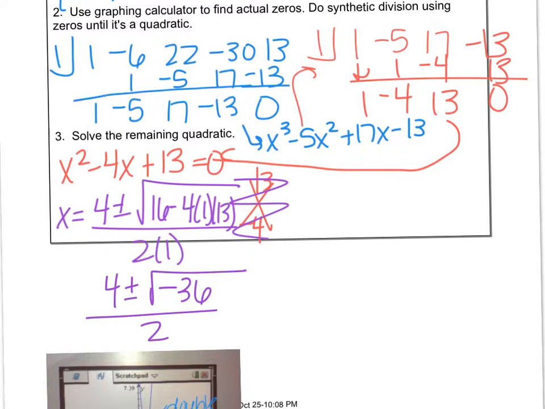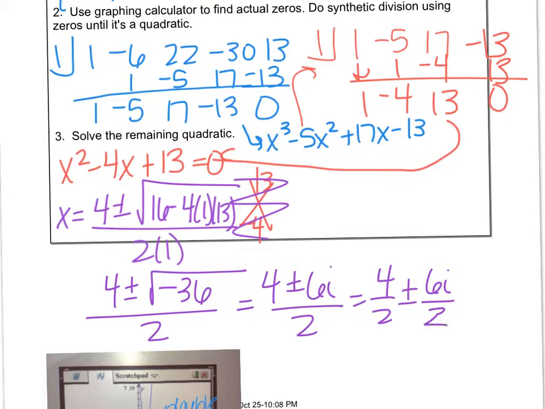Square root of negative 36 is 6i. And both of those are divisible by 2, right? Just make sure you do both of them. If you need to write it like this first, this is usually how your book splits it up first. And then we divide both of them by 2, so it turns into 2 plus or minus 3i.